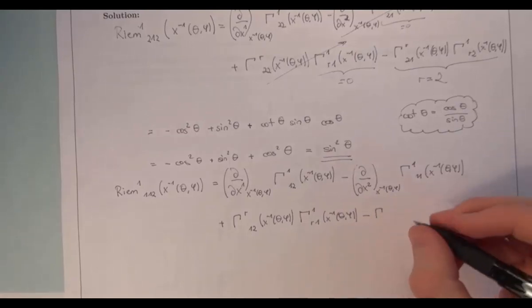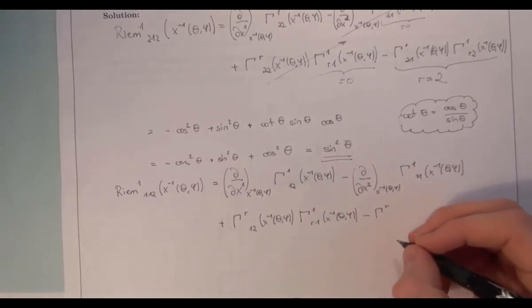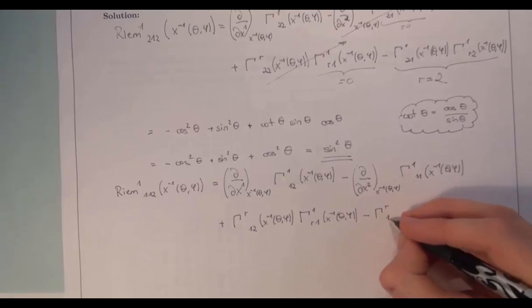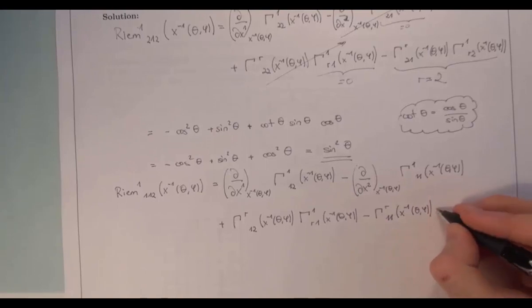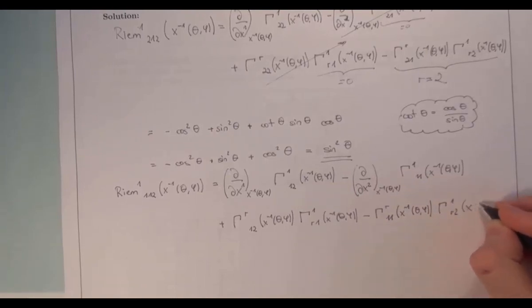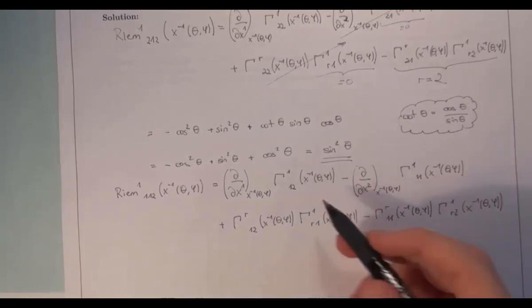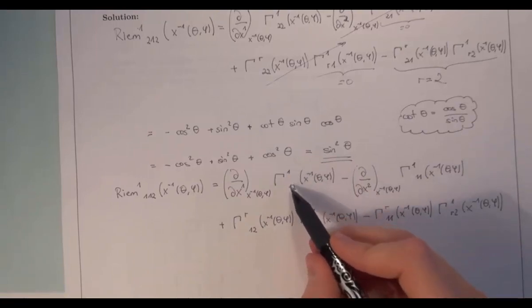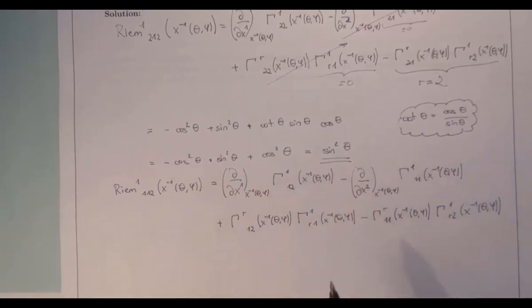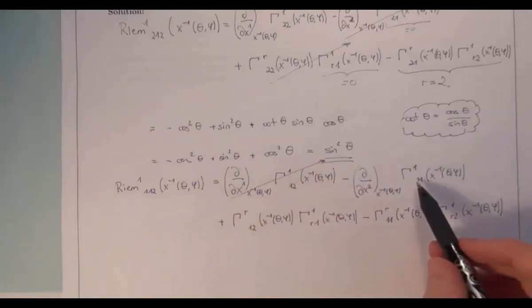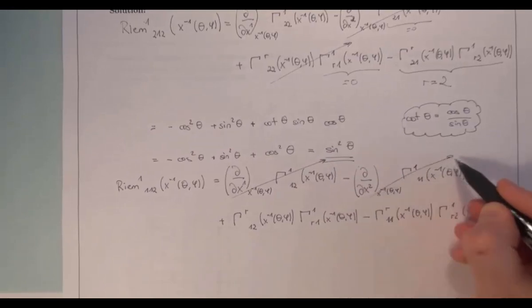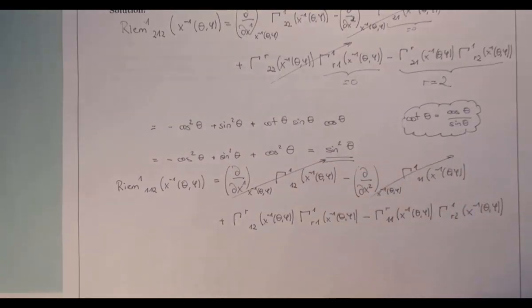And we get a minus. The R has to stay. We get 1, 1 here, at x inverse, and gamma 1, R, 2 at x inverse of theta and phi. So we see gamma 1, 1, 2. Well, that definitely vanishes, so this one is gone. Gamma 1, 1, 1 also vanishes. This term is gone.